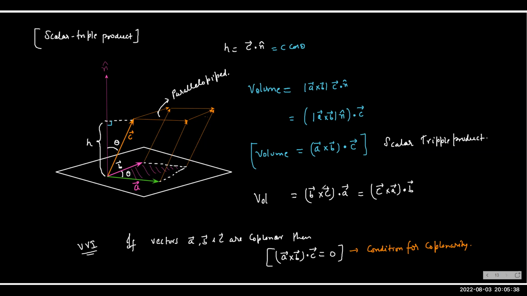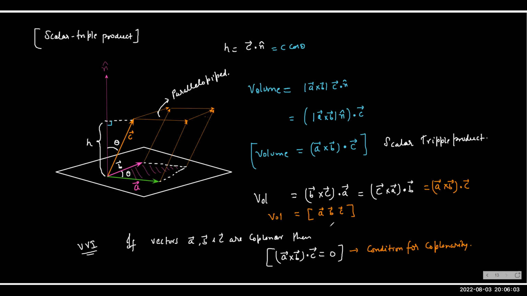Now these terms which we have written here, A cross B dot C. This is generally written in a very nice notation by putting a square bracket and writing the cyclic order A, B, C. The first two will have the cross and the last will be dot.